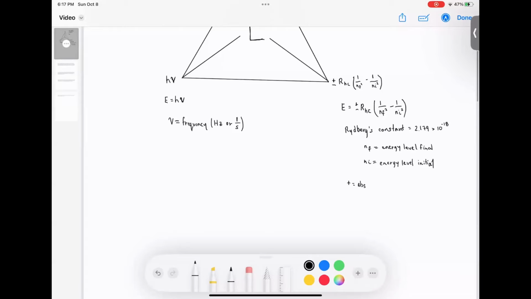That means you're gaining. That means that you're going from a lower energy level initially to a higher energy level. For example, you're going from 1 to 3. That is an example of absorbing. Your N changes from N equals 1 to N equals 3.